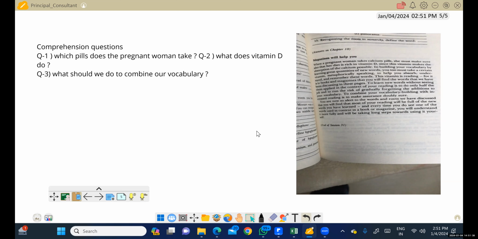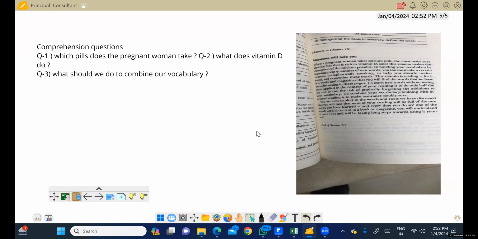This vitamin is reading, for it is in the books and magazines that you will find the words that we have been discussing in these pages. To learn new words without seeing, then applying the context of your reading is to do only half the job and to run the risk of gradually forgetting the additions to your vocabulary.